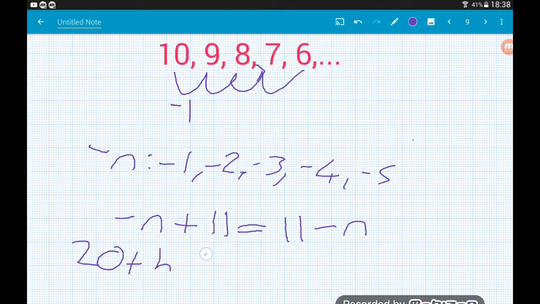Then we're going to substitute in n equals 20, so -20, add 11, and that's going to give us -9. So the 20th term of that decreasing sequence is going to be -9.